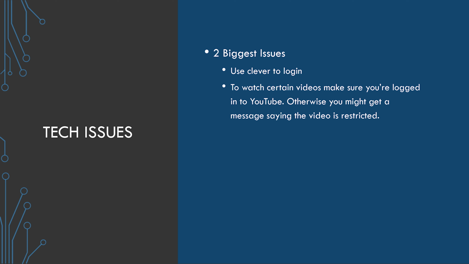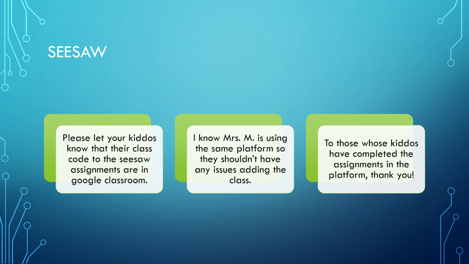What that means is the student needs to use their Google login in order to get into that YouTube video. And they'll use their account from the school to do that. Otherwise, it'll give you the restricted notification.